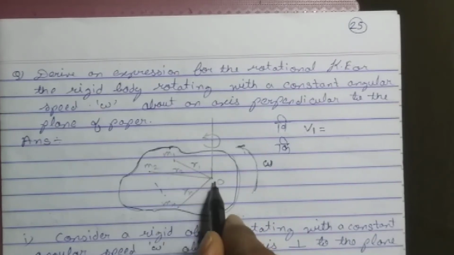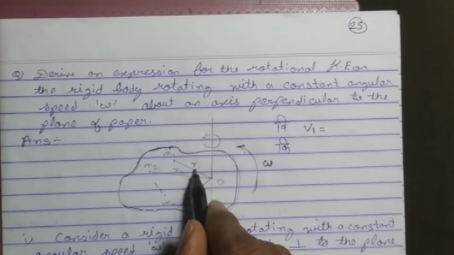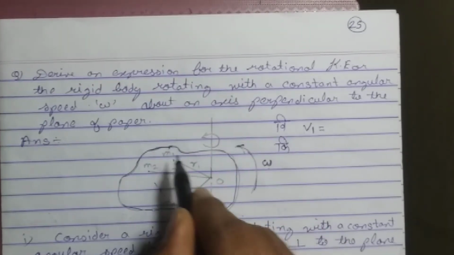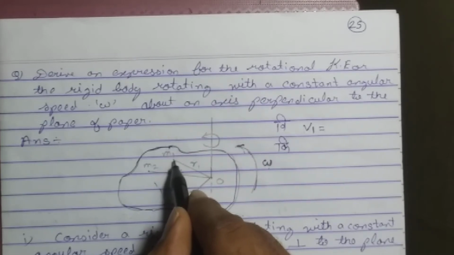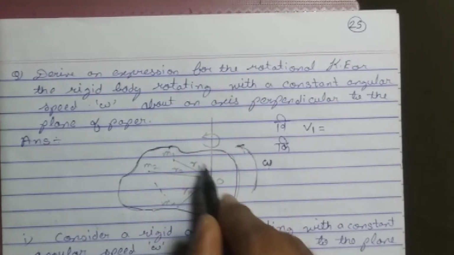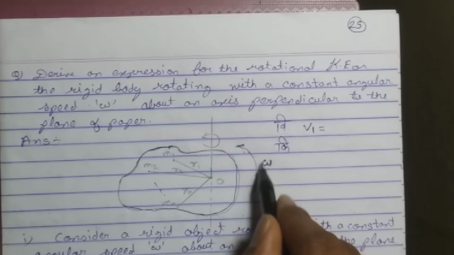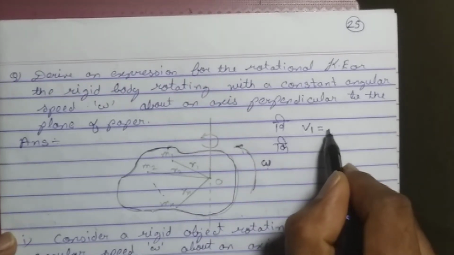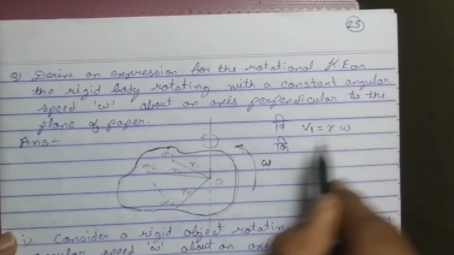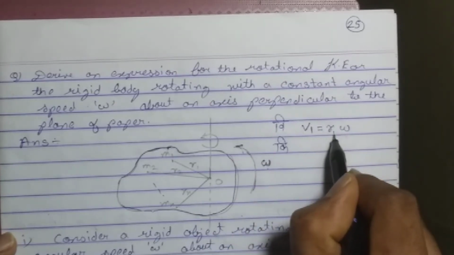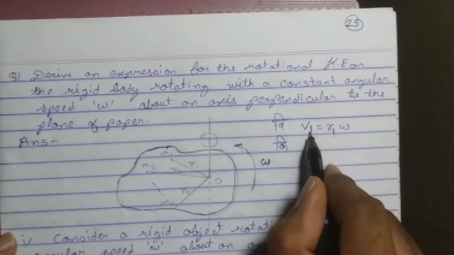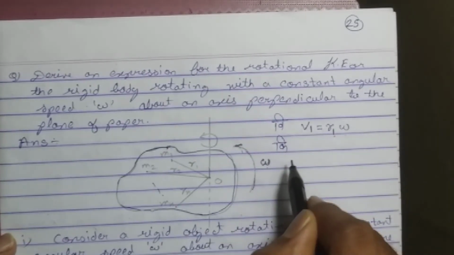This particle is at distance r1 from the axis of rotation. If the body is rotating with angular velocity omega, mass m1 also performs uniform circular motion with this angular velocity. We know the formula for linear velocity is r into omega. Since the distance of that particle from the axis of rotation is r1, v1 equals r1 into omega.